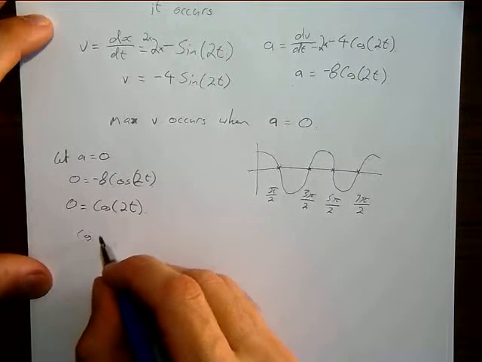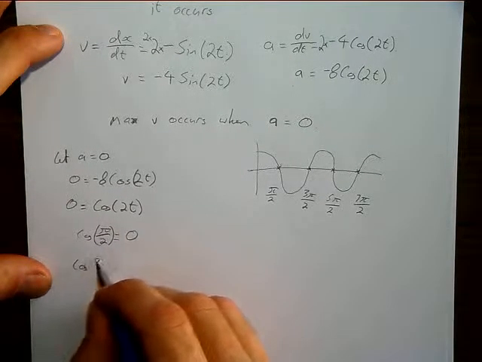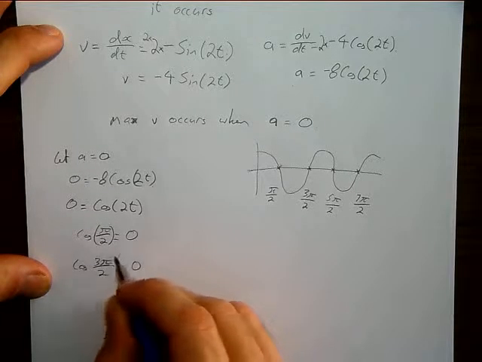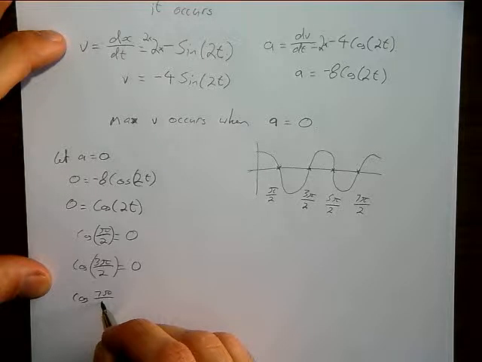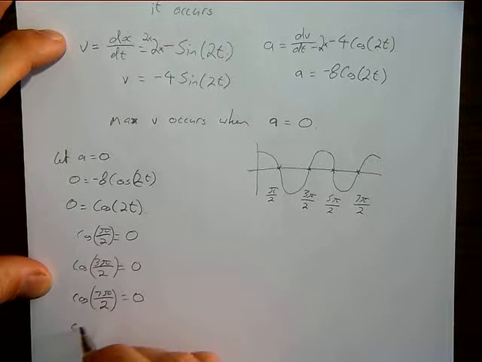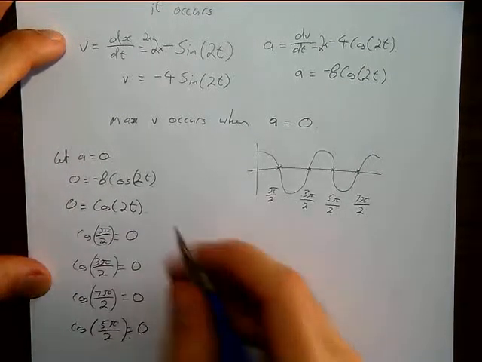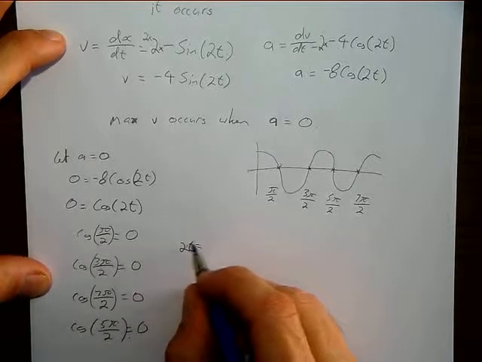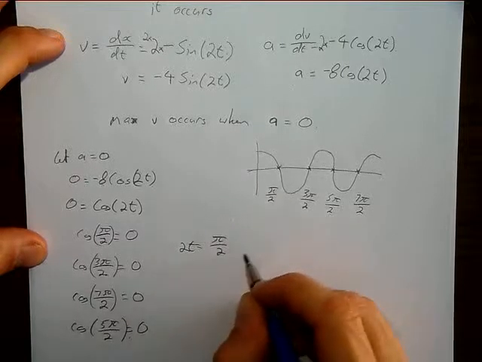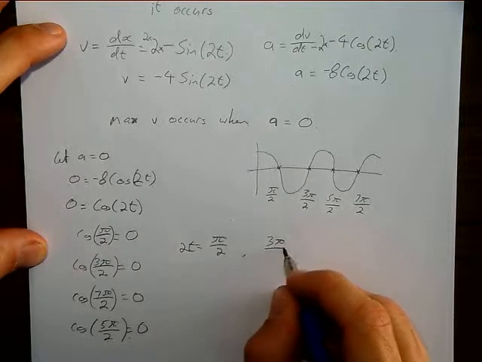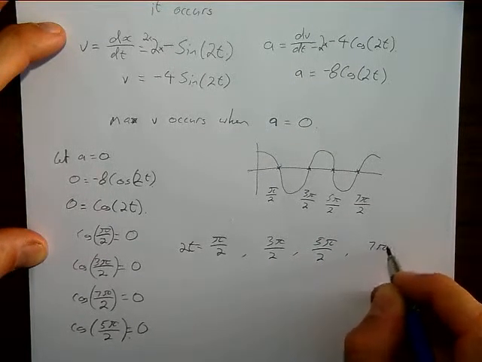I have cos of pi on 2 is equal to 0, cos of 3 pi on 2 is equal to 0, cos of 5 pi on 2 is equal to 0, and cos of 7 pi on 2 is equal to 0. So I have 2t is equal to pi on 2, 3 pi on 2, 5 pi on 2, and 7 pi on 2.